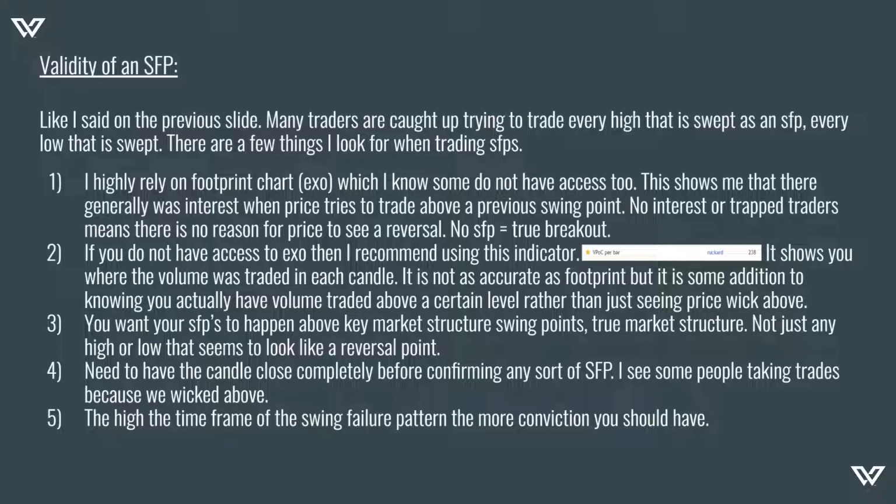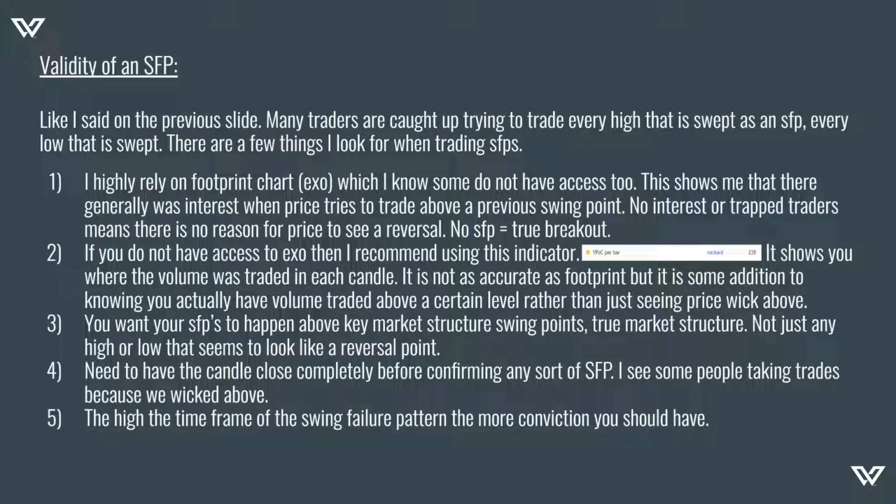The higher the time frame of the swing failure pattern, the more conviction you have. So if you've got a big SFP on the daily, the chances are that price is going to react to that for the next few days intraday, and we're going to start to sell off to the downside if you're SFPing to the upside, or if we're SFPing to the downside, then we're going to start continuing to the upside. Something else I forgot to add to this, but an SFP is seen as a wick, not a body close.